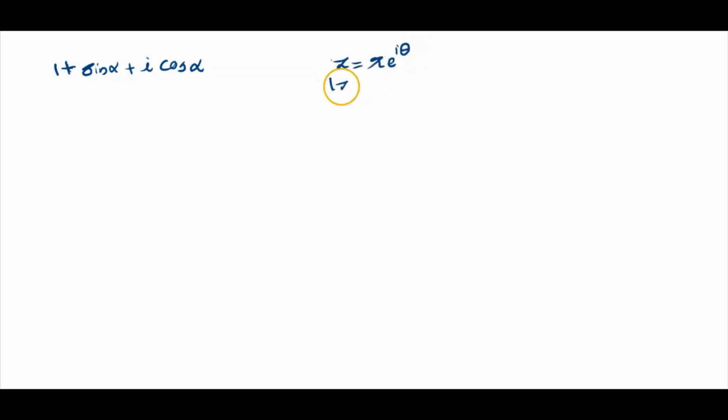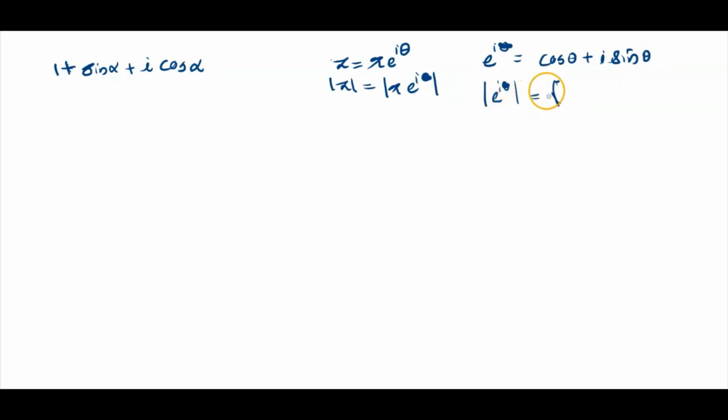The modulus mod z is equal to modulus of r e raised to i theta. We can write e raised to i theta as cos theta plus i sin theta. So modulus of e raised to i theta is square root of, modulus is defined as the square root of the sum of squares of real part and imaginary part.